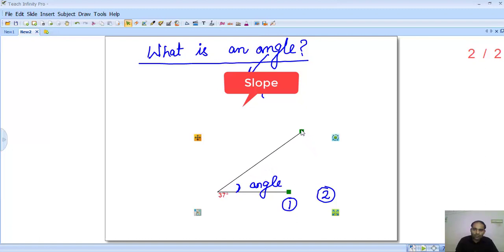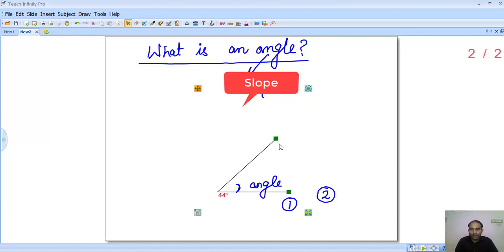Now see, 35, 36, 37, 40, 50, this way the angle is increasing. Now look at here, 90-degree angle. This is a 90-degree angle.